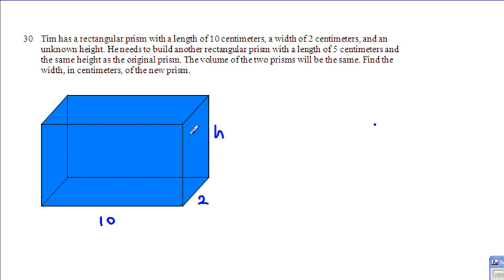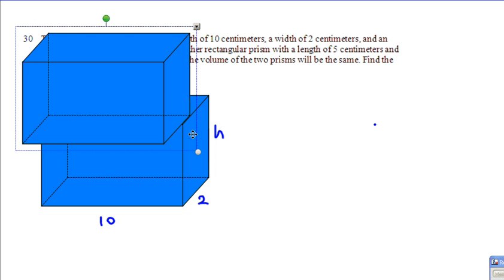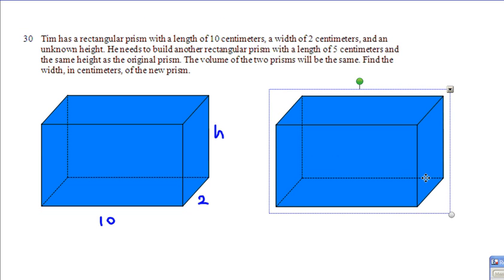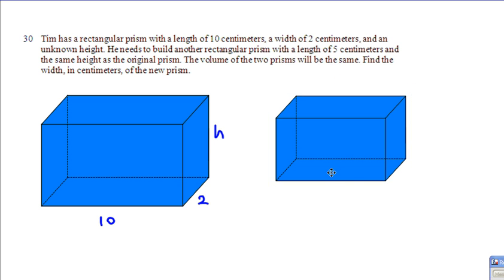Now then here, there's another one here, but we have the length of 5, and this is still h, and this one is still 2. Now, the volume of the two prisms will be the same.